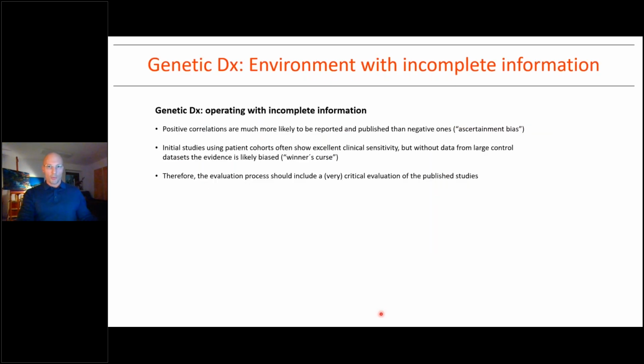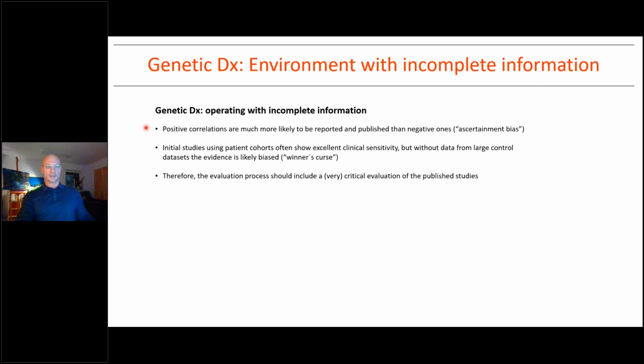Now I come to the rather philosophical part of variant interpretation, and I want to raise the statement that we should be aware that in molecular diagnostics we are dealing with an environment of incomplete information. We learned a lot over the last 20 years or so that I have followed the field, but still we don't know enough, and we should have a more humble attitude here and admit that we don't know the details exactly.